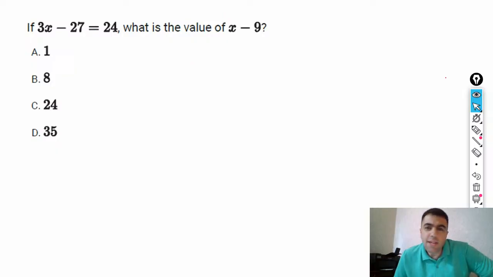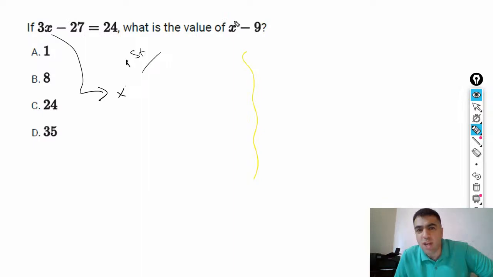Okay. This equation has two solutions again. The first one is you should find the x here, and then you should write it in the place of the x here. This is a long method.